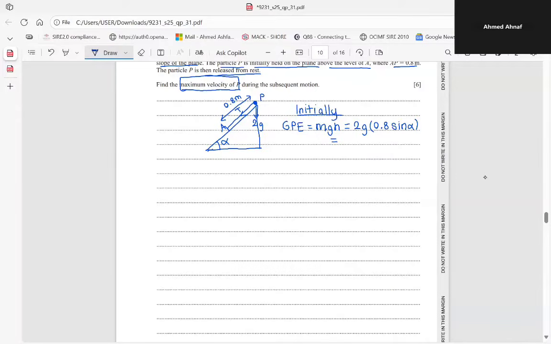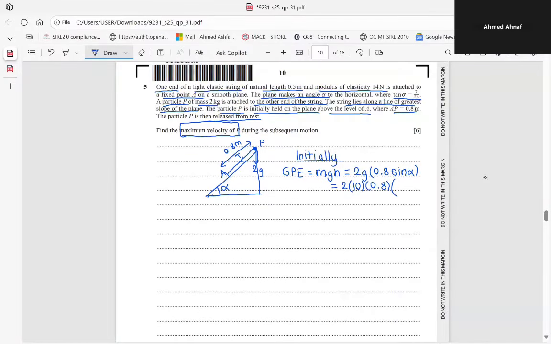So this is just 2 times 10 times 0.8, and sine alpha, you can just use your calculator, sine of tan inverse 7 over 24, and you'll get 7 over 25. So this is equal to 112 over 25 joules.